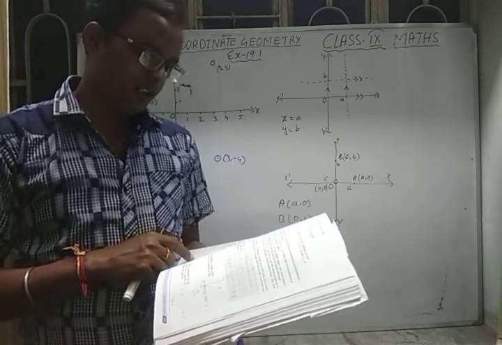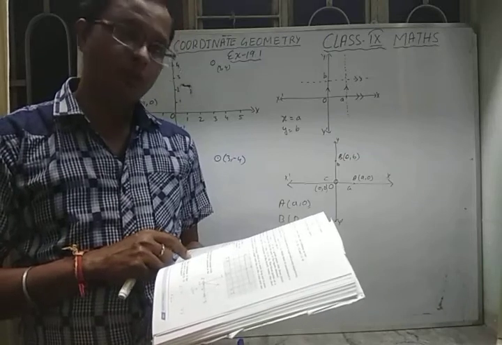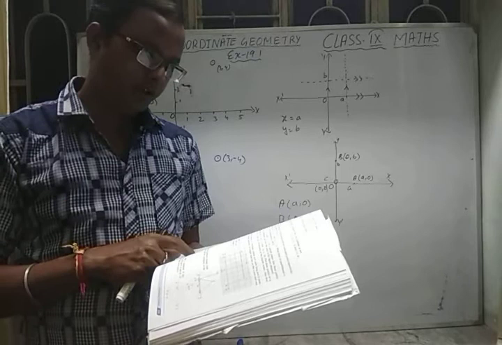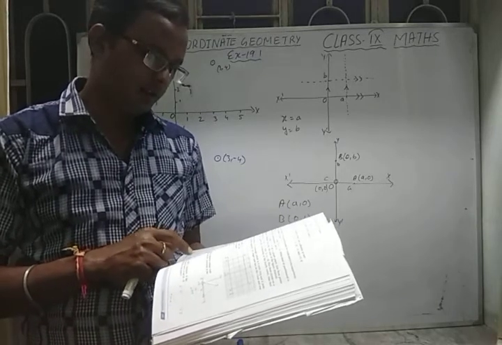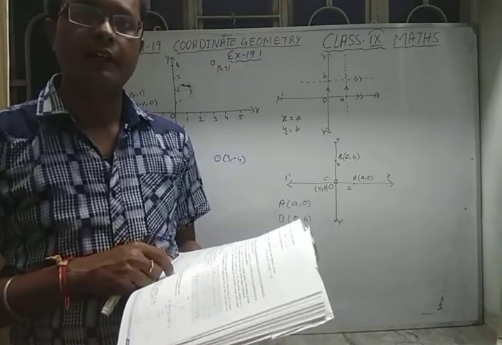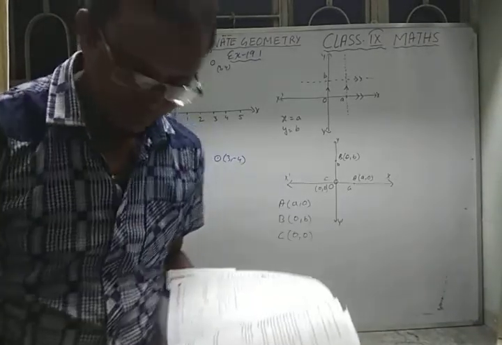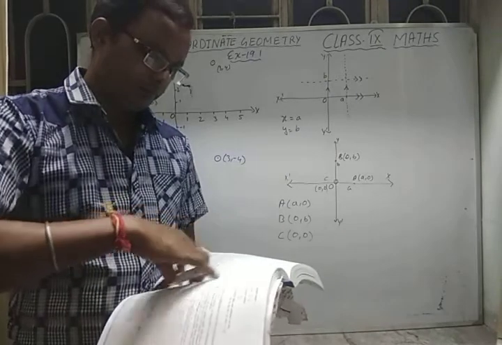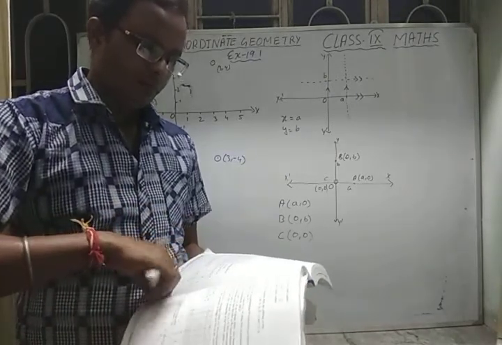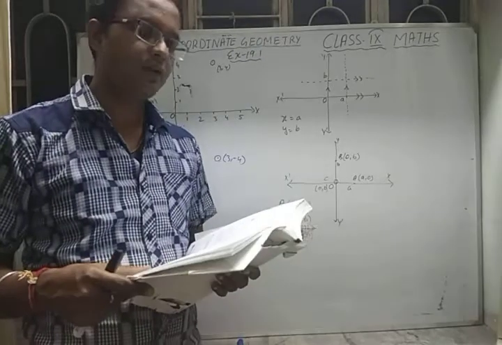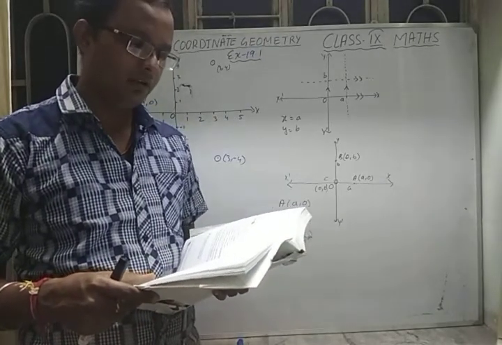The coordinate of C is (-2, -4). The coordinate of D will be (3, -1). Similarly, you have to write the coordinates of these points. Now, similarly, you have to plot all the points of questions 7, 8 and 9 also.